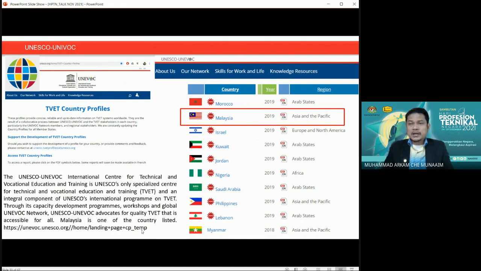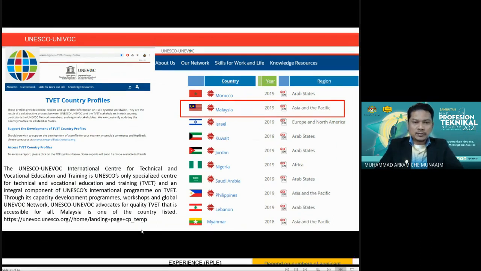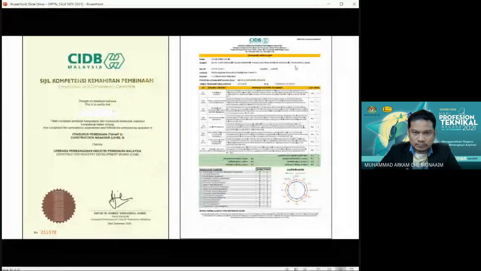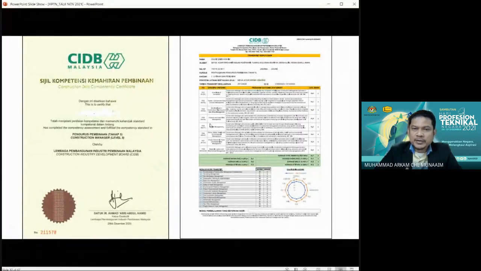If they come to Malaysia, or we go there and bring our certificate, let's say certified construction project manager or certified construction site supervisor level 4, in their understanding, they know what is the capability of level 4 TVET certificate holders. What is the capability of level 4 certificate holders based on the program outcome?